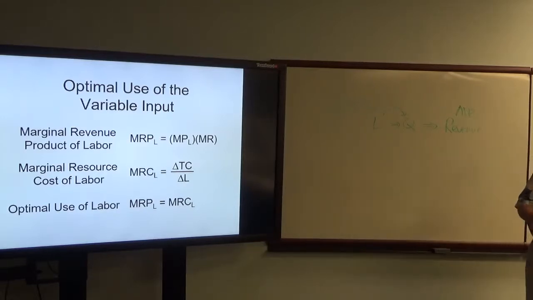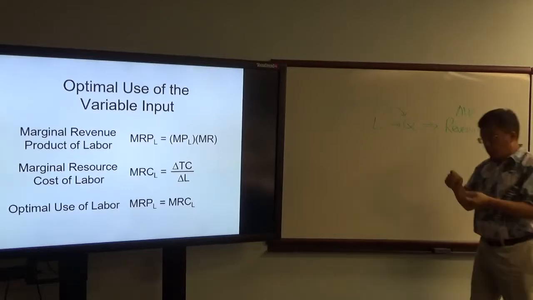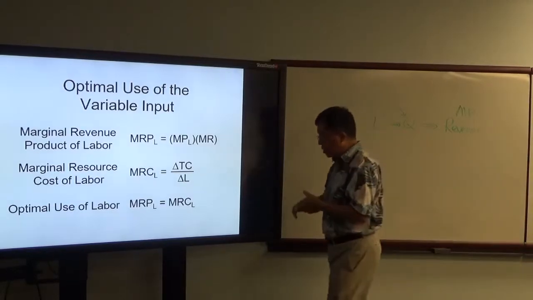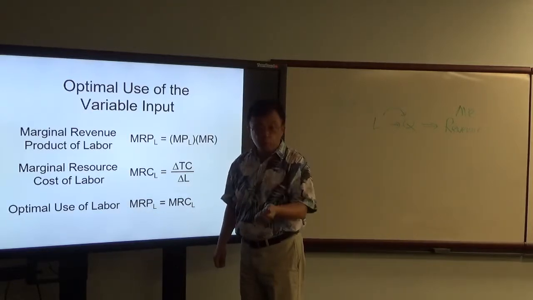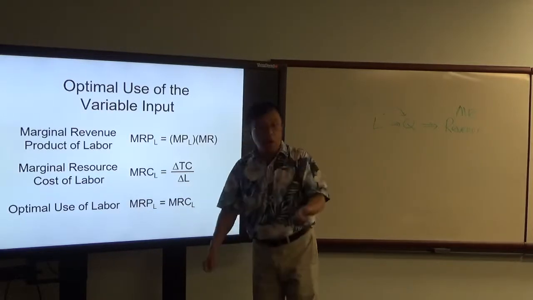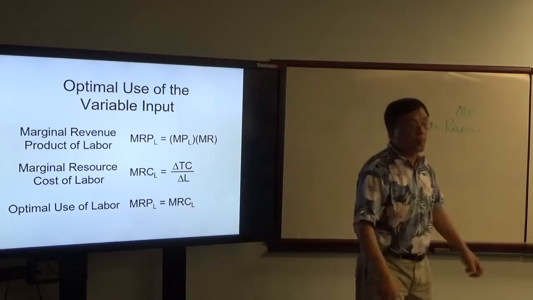Rational people think at the margin. We always compare marginal revenue and marginal cost. So here the question is how much labor to use. Well, you will use the number of workers up to the point where the additional revenue produced by each worker is the same as the additional cost of each worker. That's the optimum.